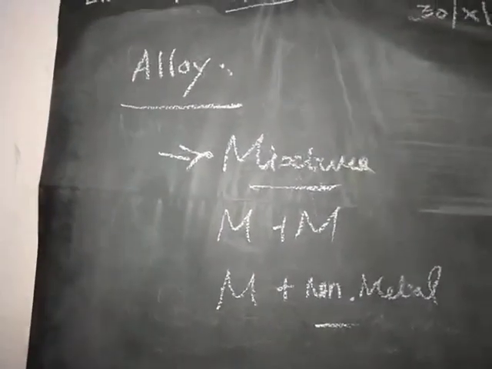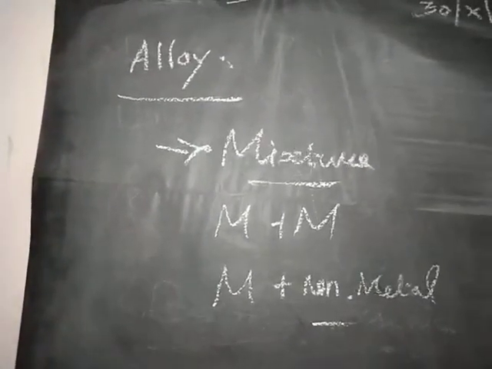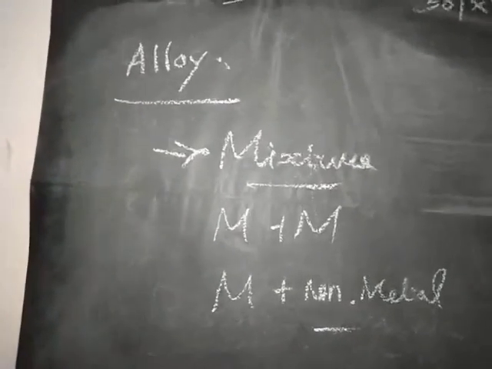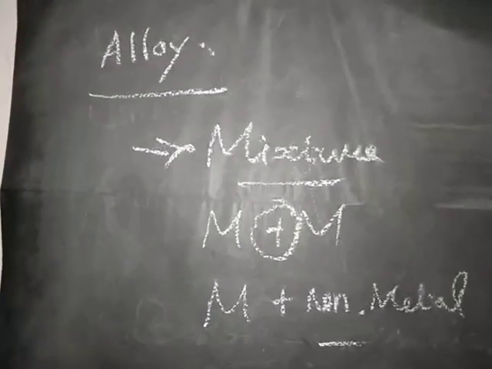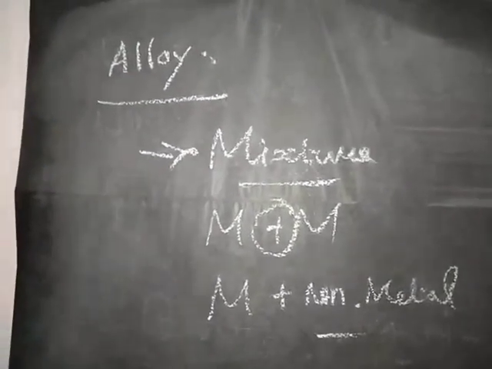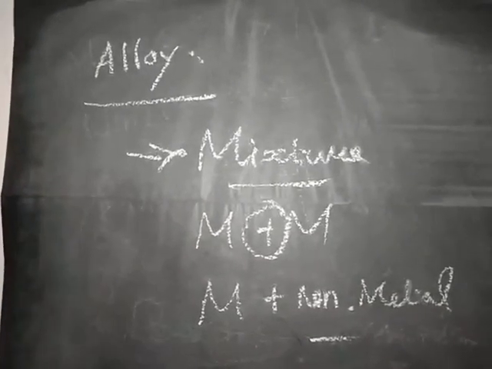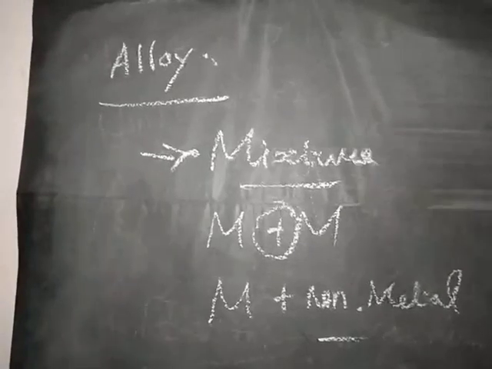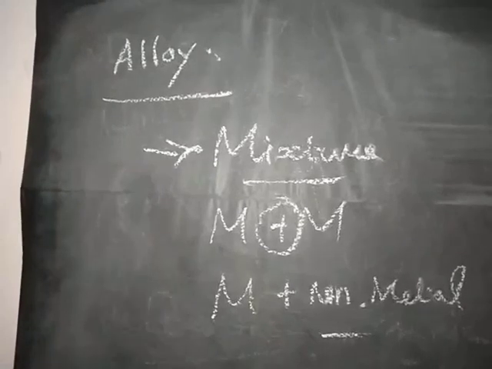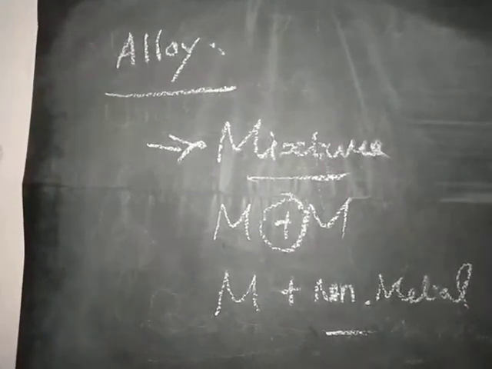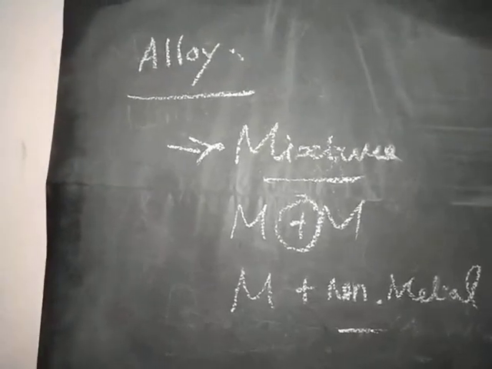Why do we want to make alloys? In olden days, alloys were used. If you make alloys, what are the benefits? Alloys do not get corroded, or only to a very small extent. Second, they are harder and stronger than the pure metals. Next, they have less conductance than pure metals.